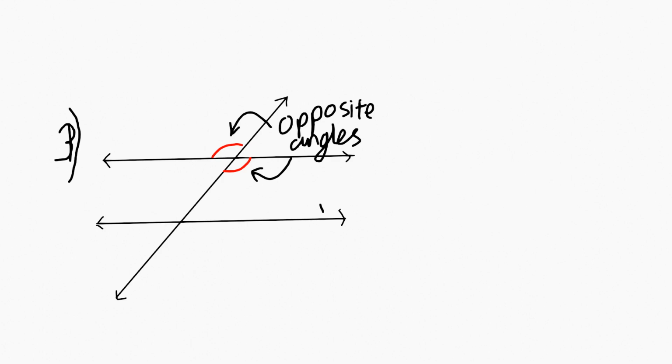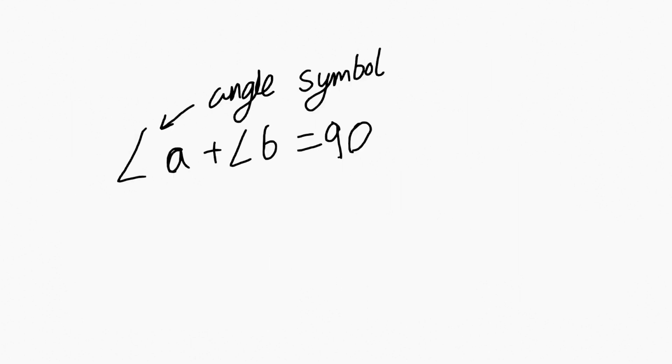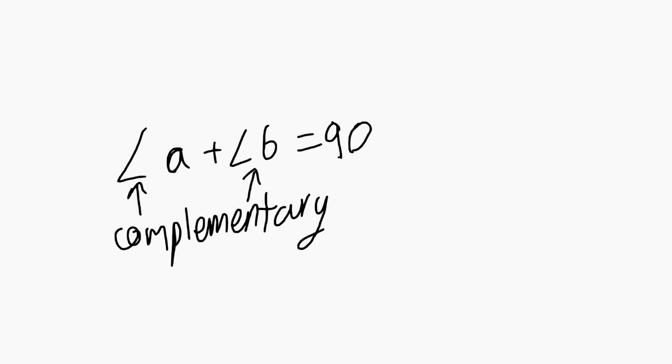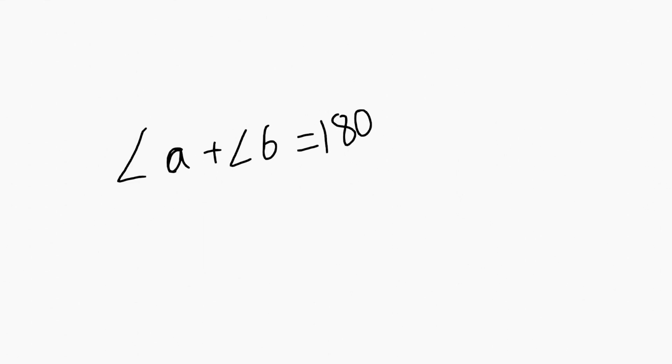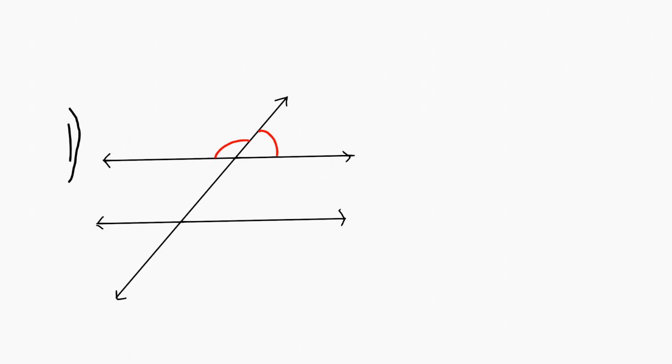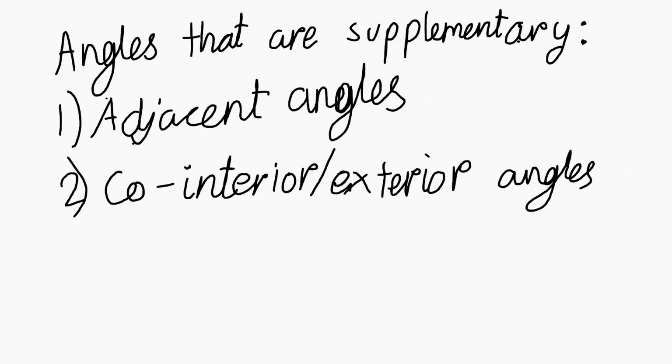Numero tres, opposite angles, or vertically opposite angles. And the angles whose sum is 90 are complementary, and if it's 180 then they're supplementary. Now adjacent angles forming a straight line, and the angles that are on the same side and different sides, called co-interior or exterior angles, are supplementary.